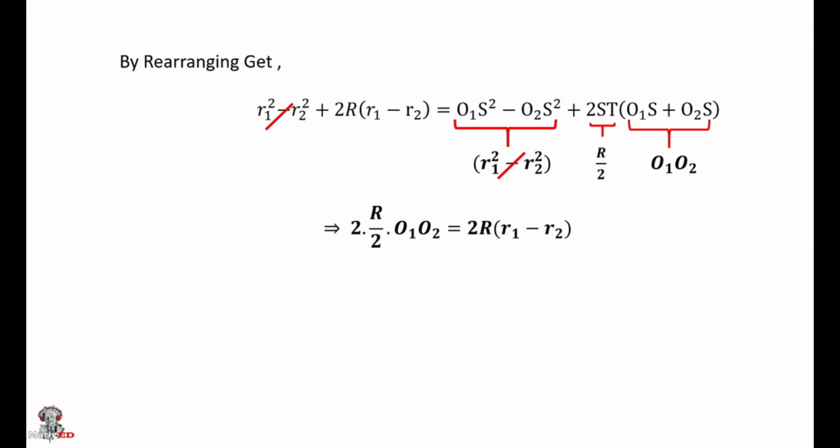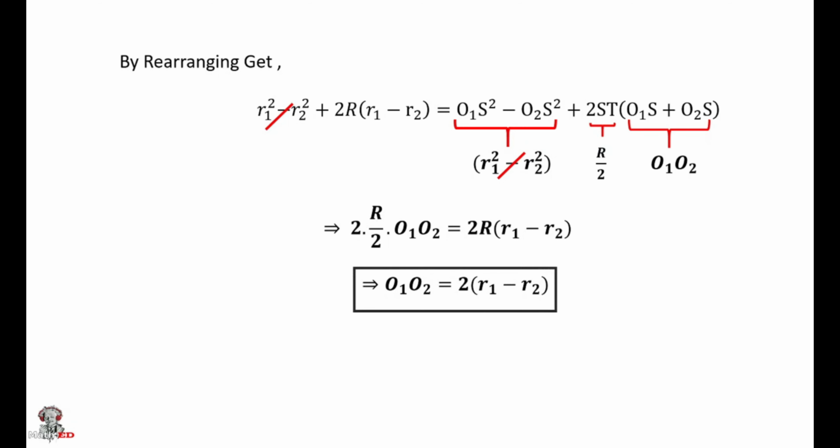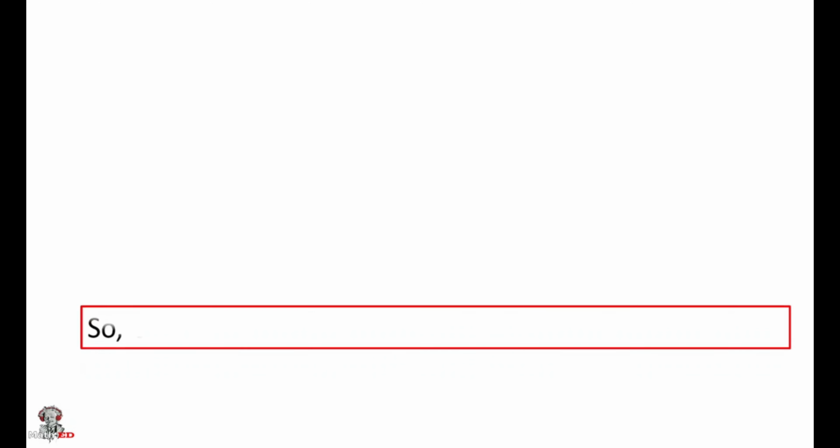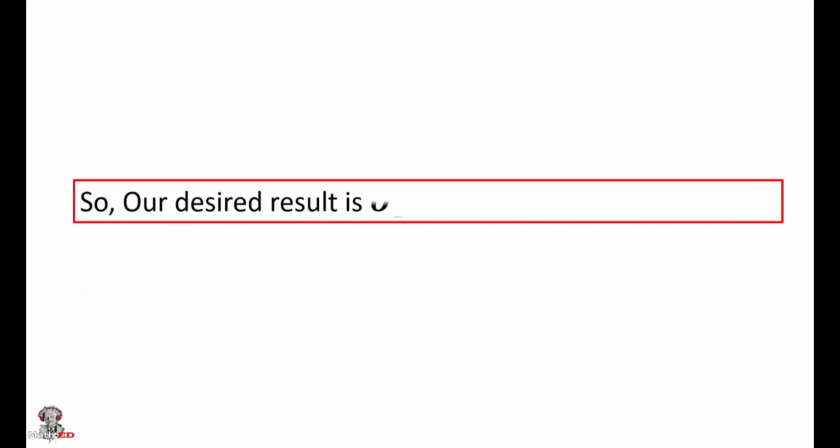So finally we get O1O2 equals 2 into R1 minus R2. From here the rest is very easy, so we can get our desired result as follows: 2 into R1 minus R2 is 672. So this is our final answer.